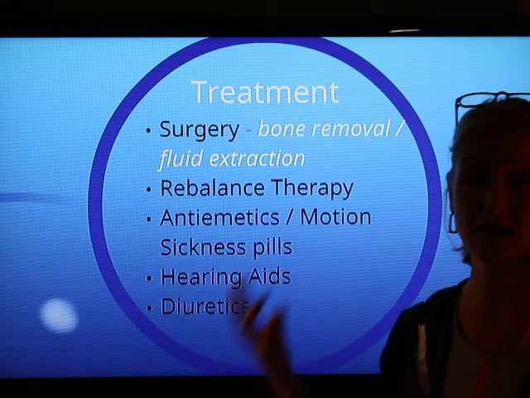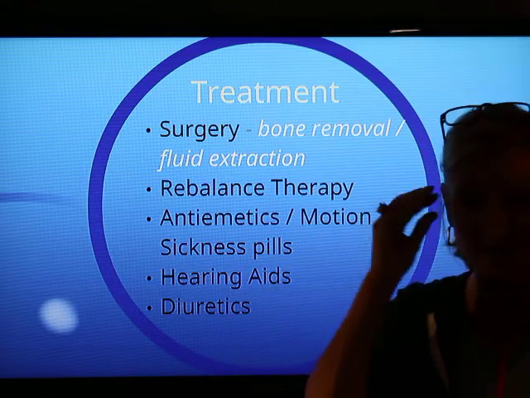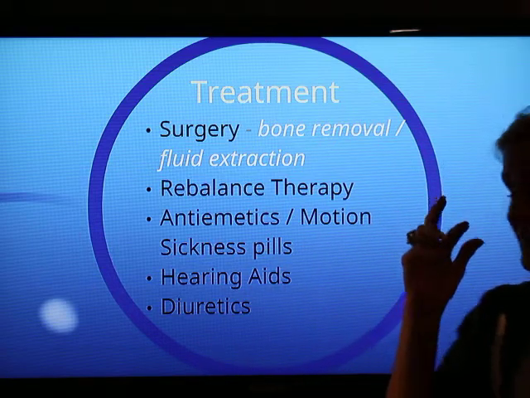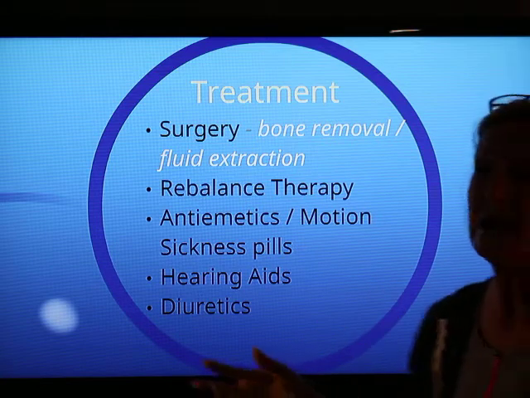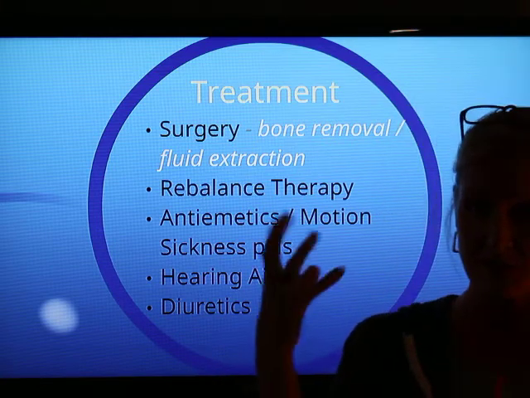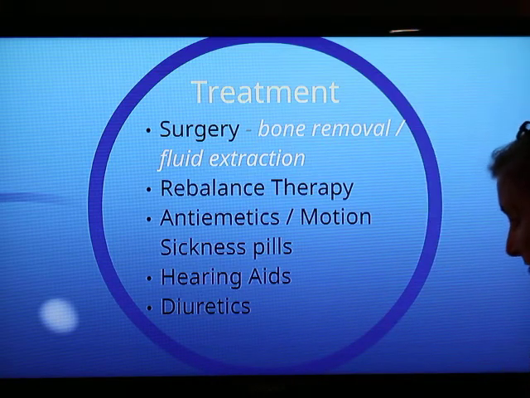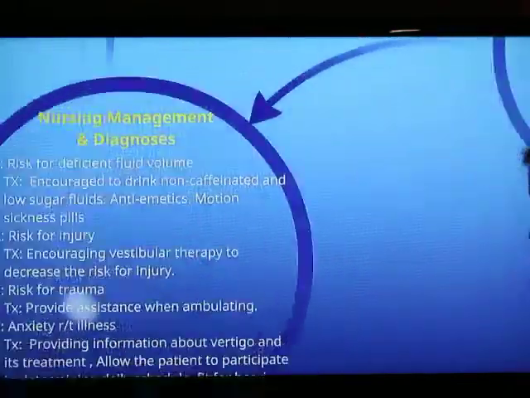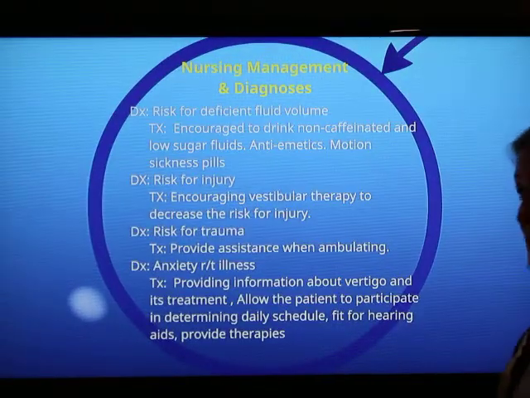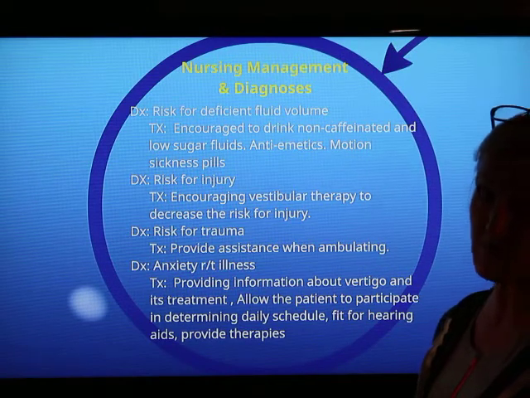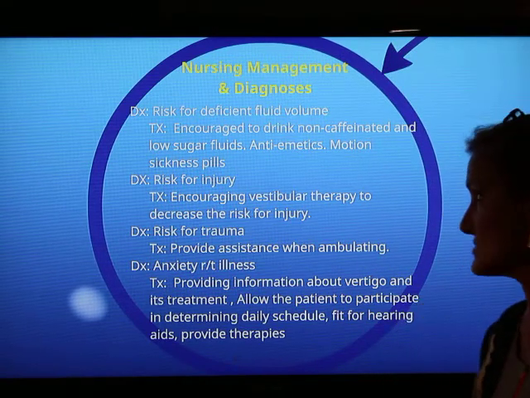They can go on some hearing aids, especially if they've got that fullness in their ear. There's a lot of hearing aids available. Diuretics will sometimes help to get rid of some of that fluid, but unfortunately there's no cure for it. Oftentimes the good news is it does go into remission, but then it tends to come back, unfortunately.